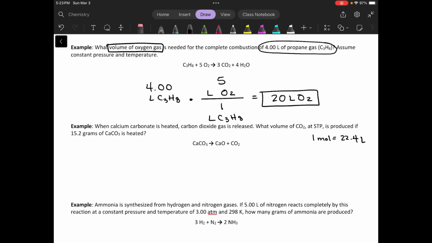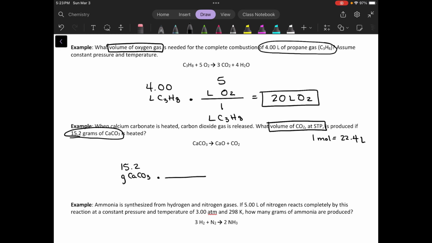So this is going to start kind of like a grams to grams conversion. So let's go ahead and annotate. We have this information circled, and then this information boxed in. Okay. So I got my number for my question.